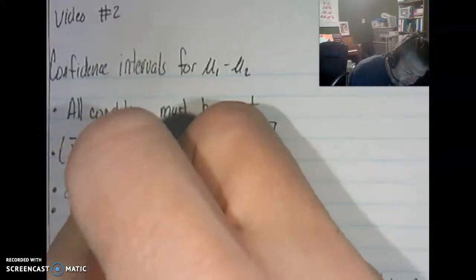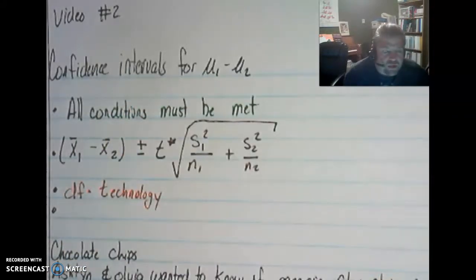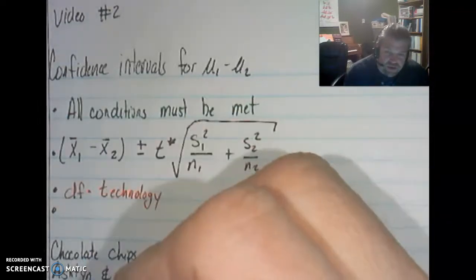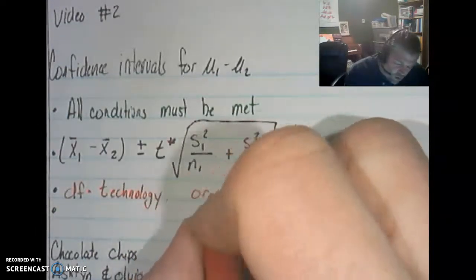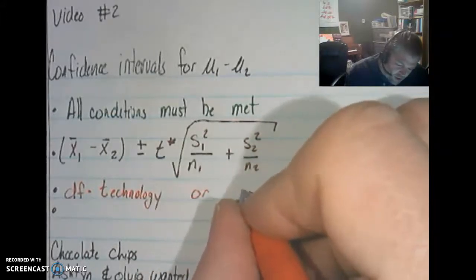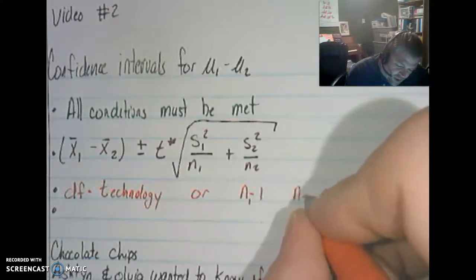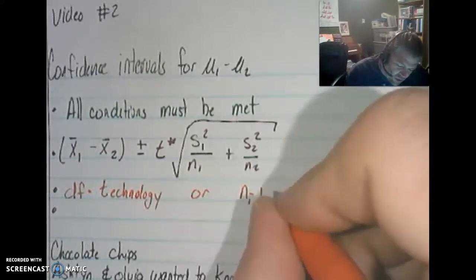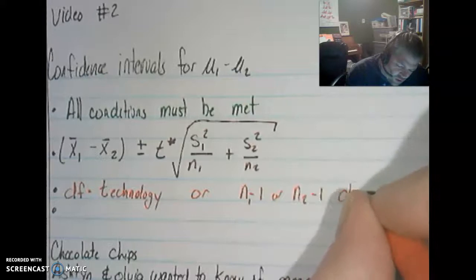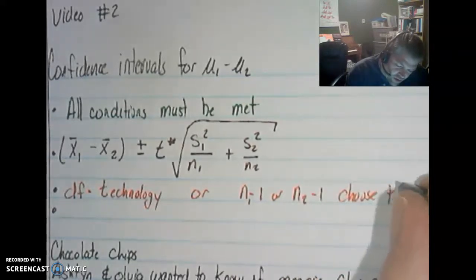again, we can use technology, which is that really long formula which we talked about before. I'm not going to write it down again, but it's in the previous one. Or we could use n1 minus 1 and n2 minus 1, and we're going to choose the smaller of the two.